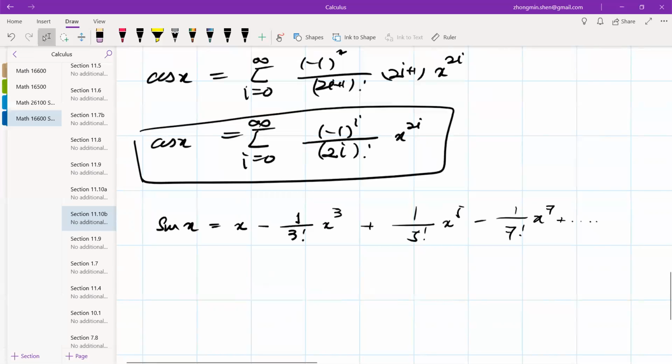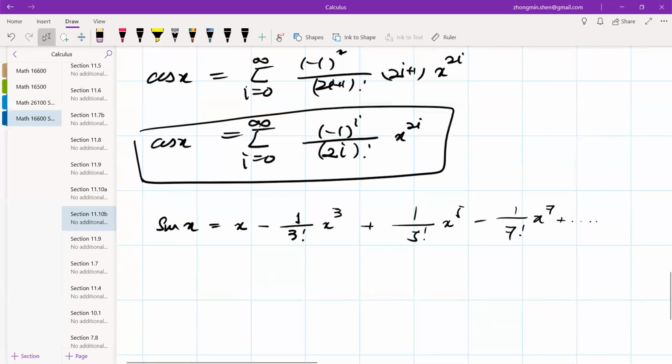You can always use high order polynomials to approximate sine x. You can do a test: write down this polynomial for up to 100 terms, so more terms means more accurate.